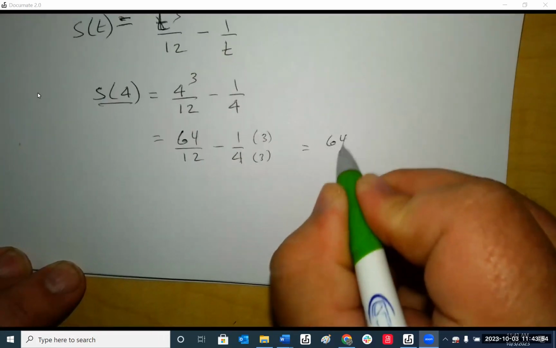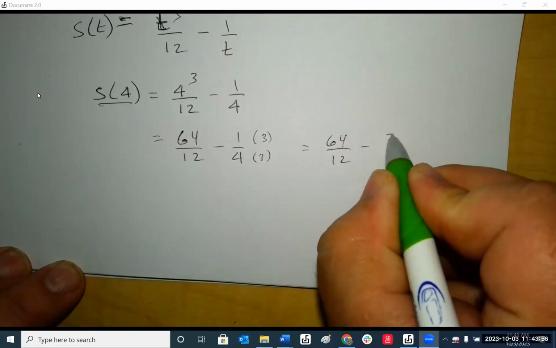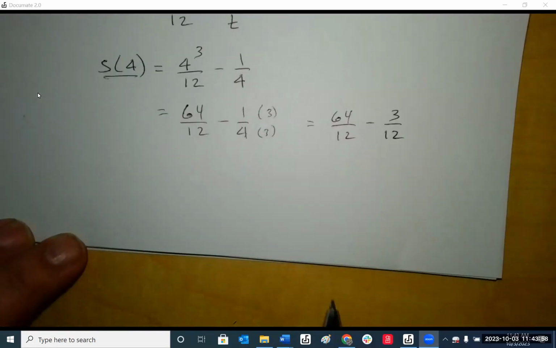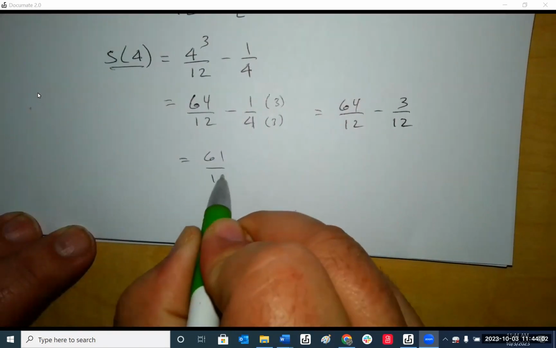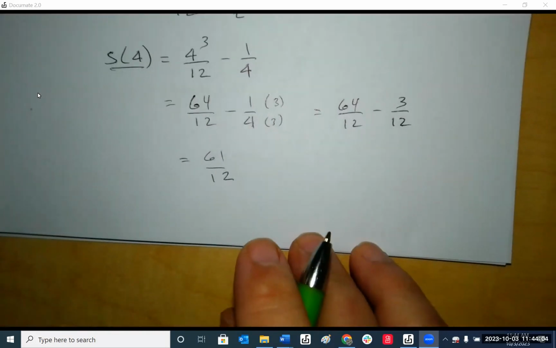So it's 64 over 12 minus 3 over 12, which equals 61 over 12.